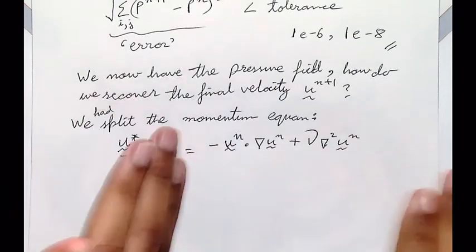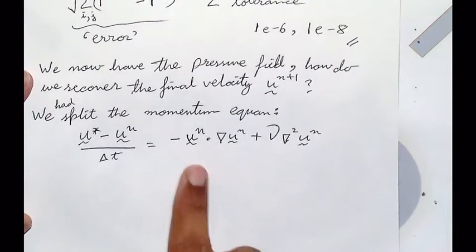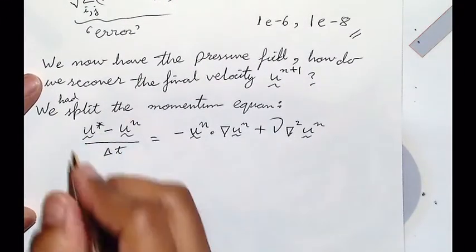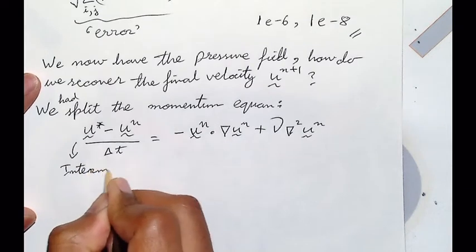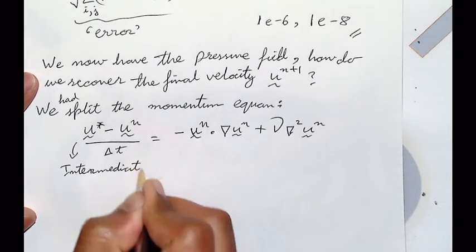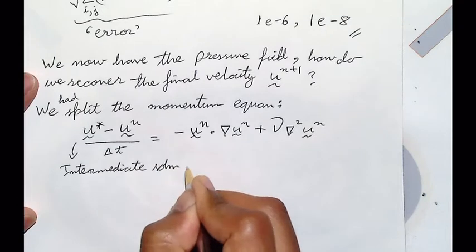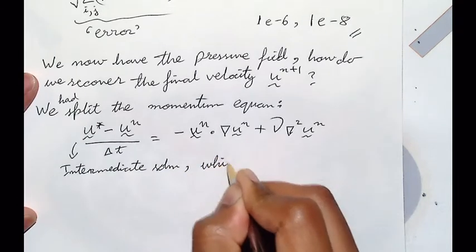And I won't discretize this for now. So we said this was our intermediate solution, which must be made divergence free.